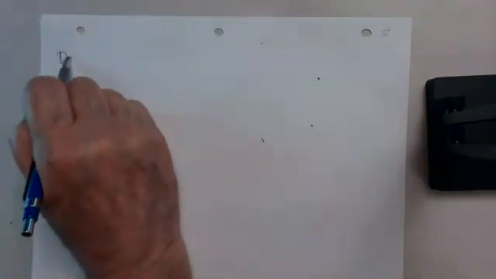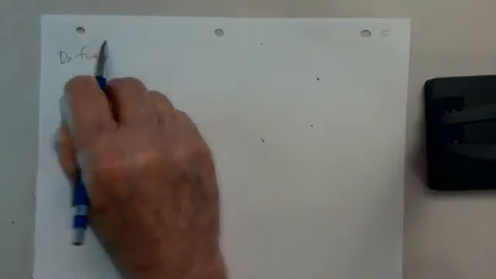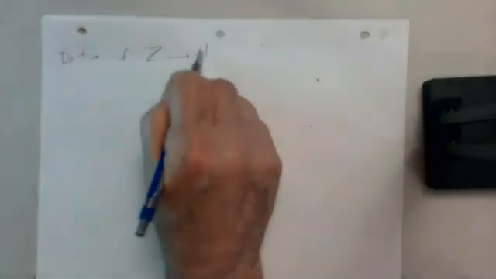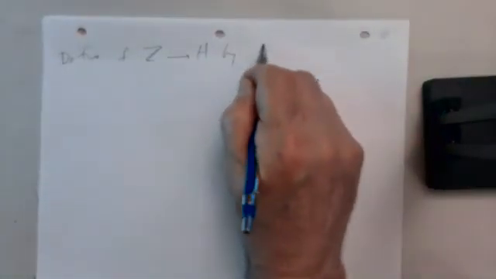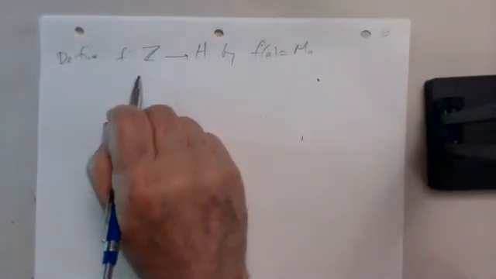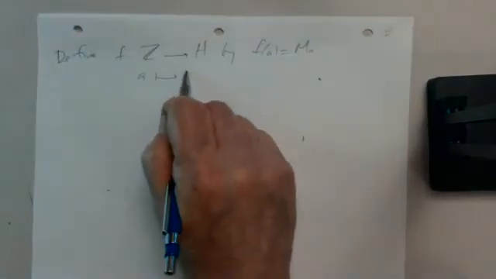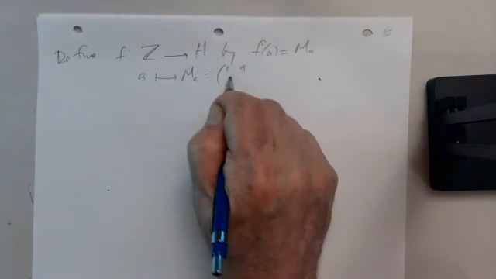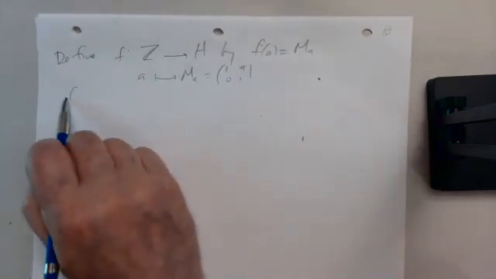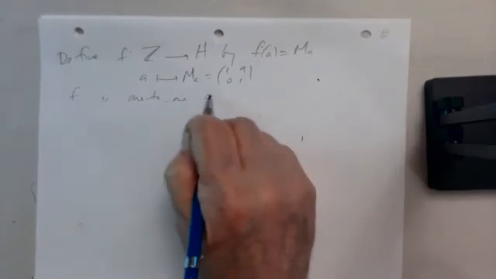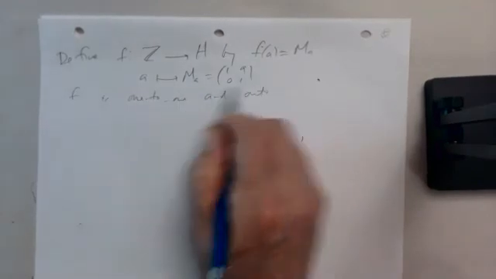So we define a function f from the integers to this set H by f of the integer A is the matrix M sub A. So the number A gets mapped to the matrix M sub A, which is 1, A, 0, 1. And f is 1 to 1 and onto.